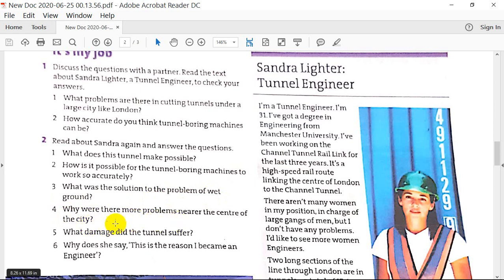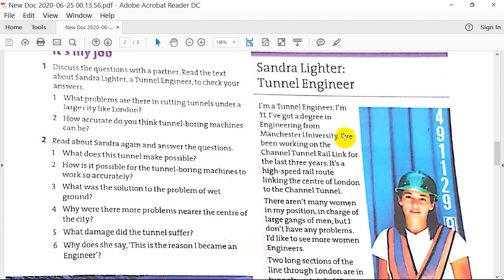What damage did the tunnel suffer? Why does she say this is the reason I became an engineer?